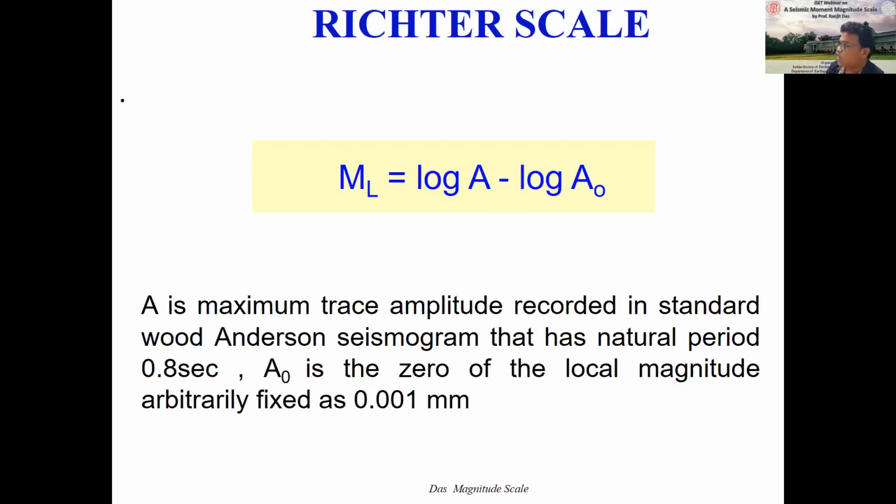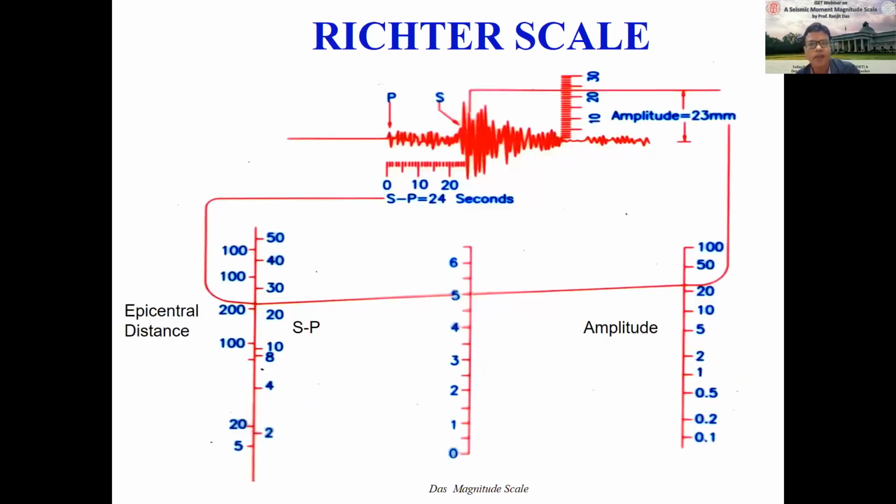So the correction factor has to be improved. Although we use these scales, we have to incorporate some correction so that they can properly give information on tectonics. This was developed for Southern California.